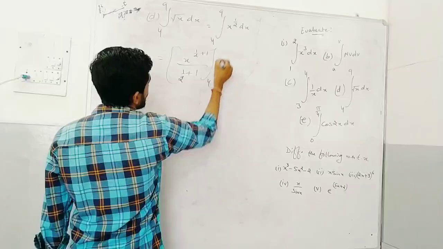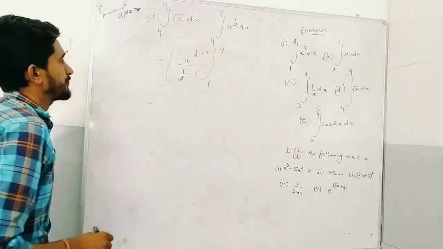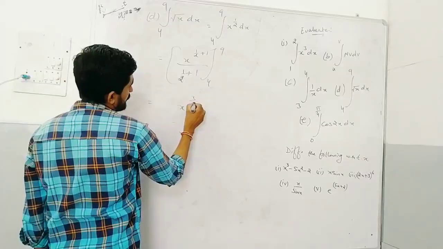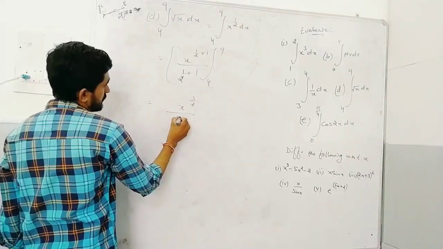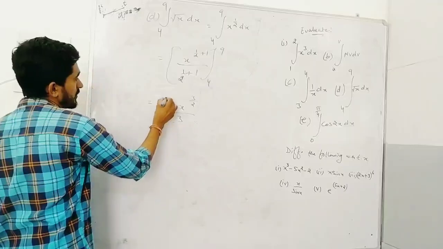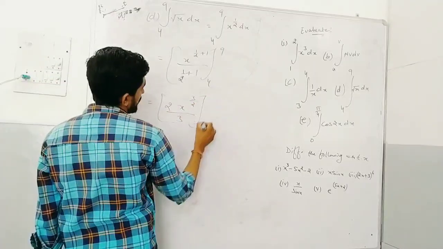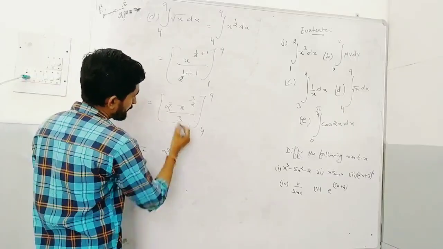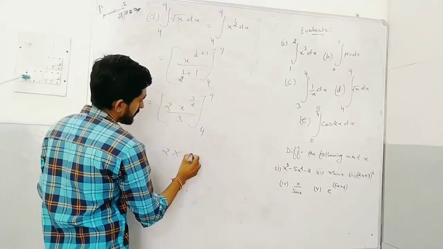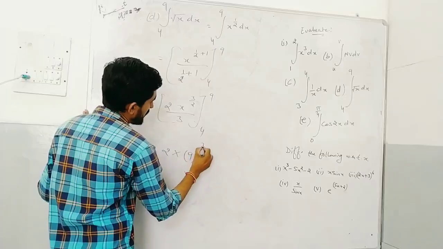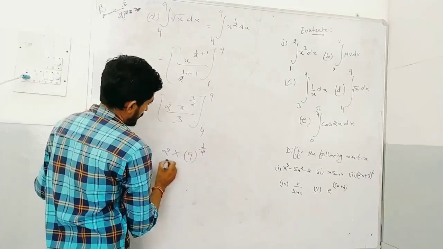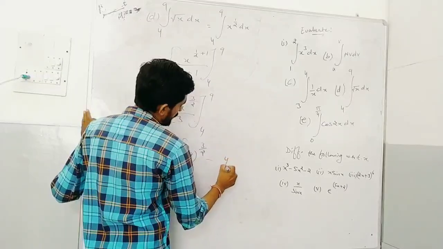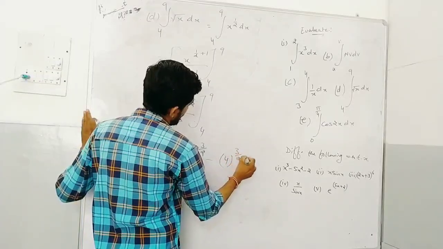We get x raised to the power 3 by 2 upon 3, and 2 comes in numerator. Limits 4 to 9, upper limit minus lower limit: 2 upon 3 into 9 power 3 by 2 minus 4 power 3 by 2.